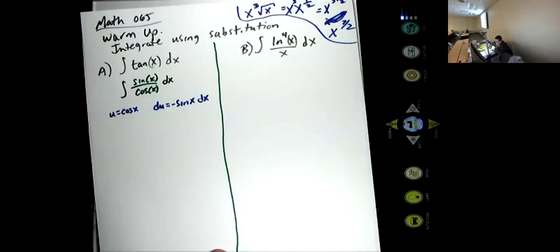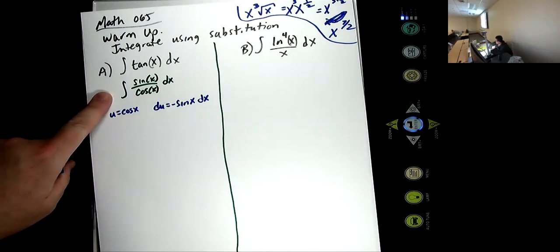Did anyone try to use u as sine x? It's a natural thing to want to try. But when you take the derivative, you have cosine x, but in the integral, cosine x is in the denominator. It's not in the numerator, so it's not a swap.